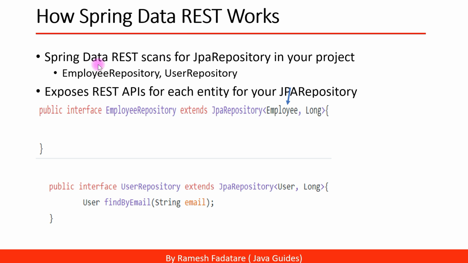So Spring Data REST module scans all these repositories, and based on the entity type that we pass to JpaRepository, it will create REST APIs. For example, look here, we have an employee repository, it extends JpaRepository, and we pass the employee entity as an argument to the JpaRepository. And JpaRepository basically exposes CRUD methods to perform database operations on the employee entity, right?